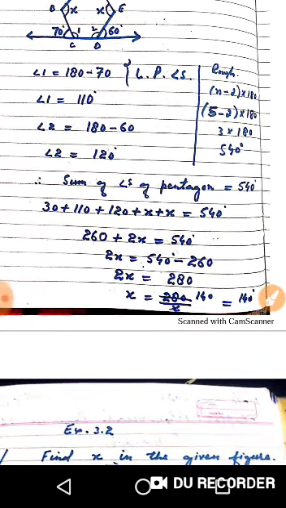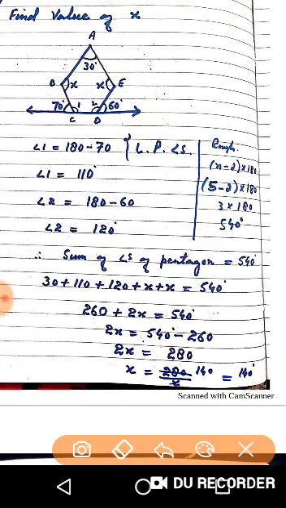So then we will do it like this. We know the sum of internal angles of a pentagon is 540, so we write 30 plus 110 plus 120 plus x plus x is equal to 540. You add these 30, 110 and 120, you get 260, plus 2x, equals 540.